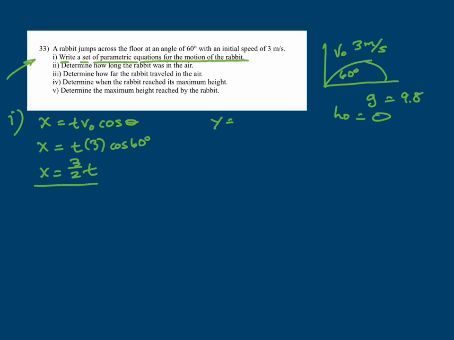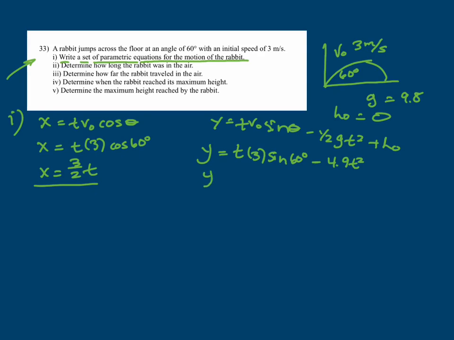The other parametric equation would be t v naught sine theta minus 1/2 g t squared plus h naught. So let's fill that in. y equals t times 3 times sine of 60 degrees minus 4.9 t squared. h is 0.